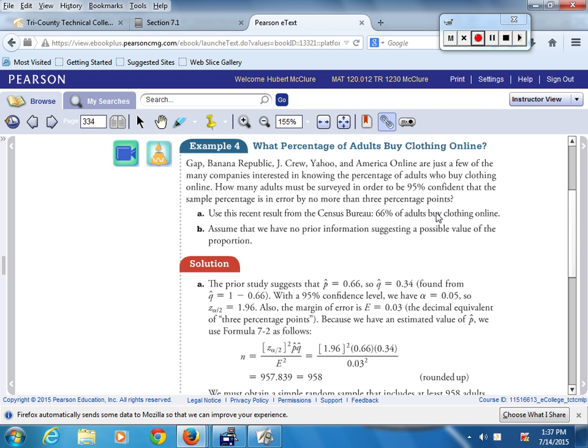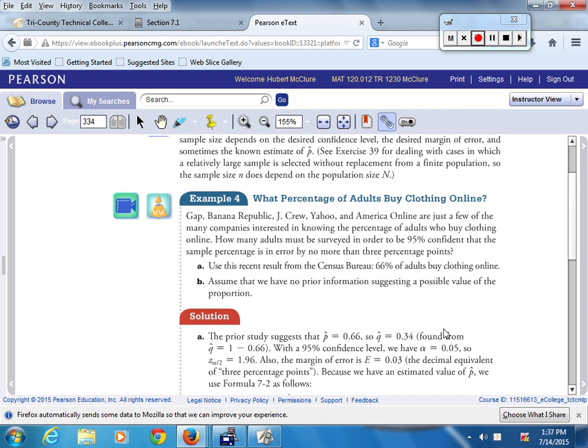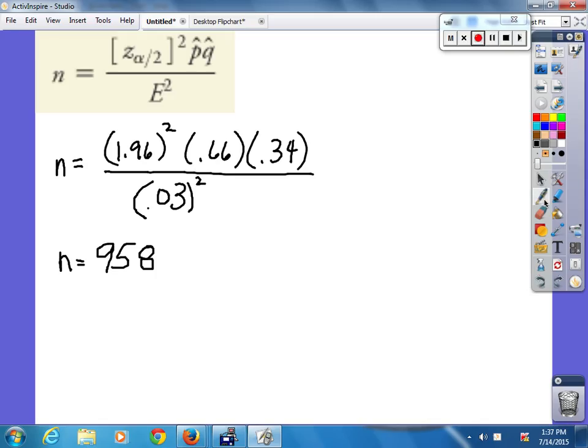Assume that we have no prior information. Okay? So let's assume that we have no prior information. Do we change the formula? No. We just take out this number and put 0.5 and 0.5. Crank that out.